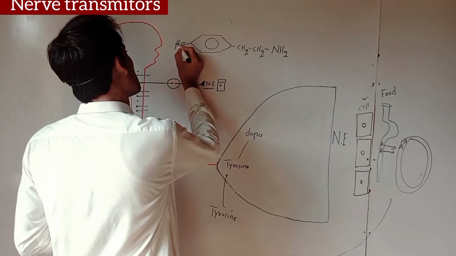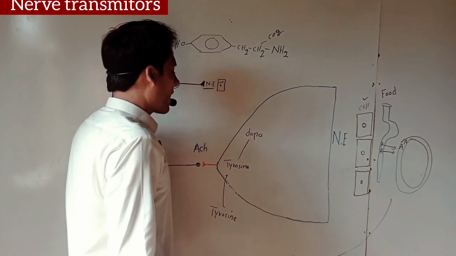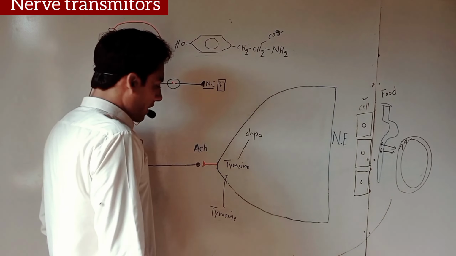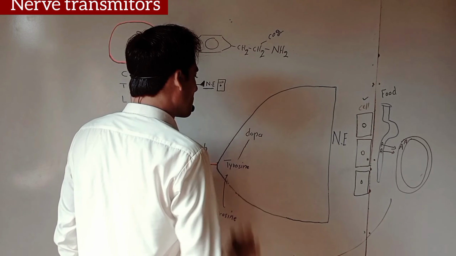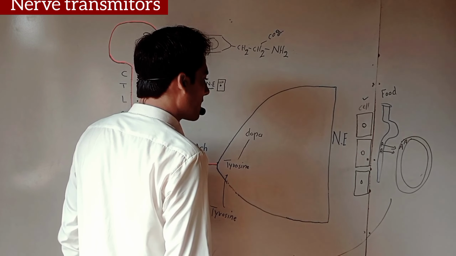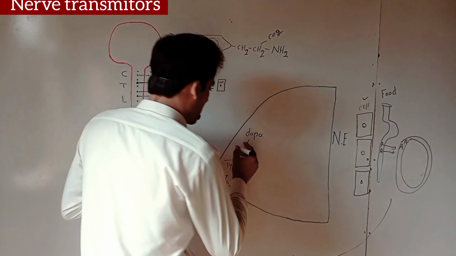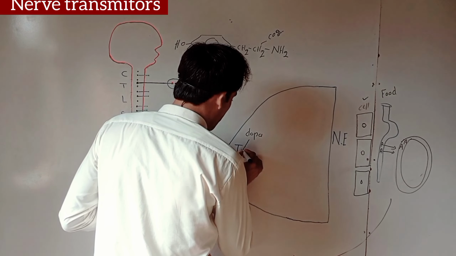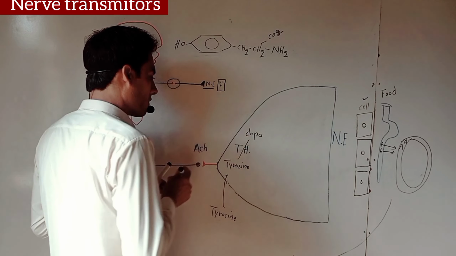This is a hydroxyl group, right? So once the tyrosine enters the terminal, it is converted into DOPA by a special enzyme that is tyrosine hydroxylase. Tyrosine hydroxylase is the enzyme that converts tyrosine into DOPA.